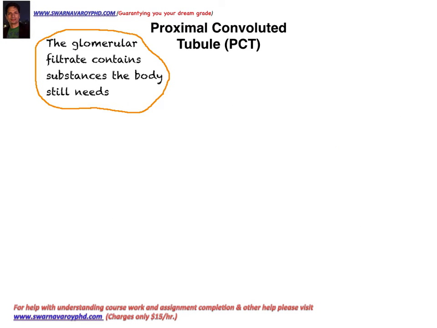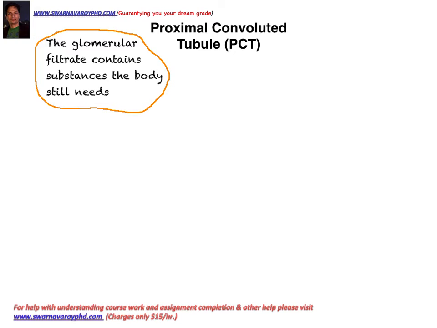Now, certain important things which we need to know about the PCT are that the glomerular filtrate contains substances the body still needs. Just because it escapes the glomerulus and enters the PCT does not mean that the filtrate does not have any important things. As I mentioned, glucose, amino acids, bicarbonate ions, sodium, these things are required by the body.